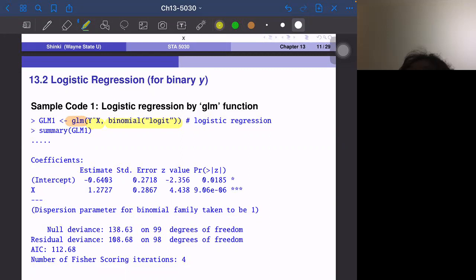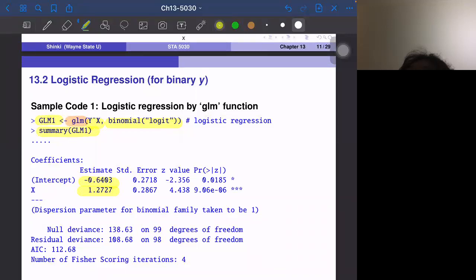Also, we can choose probit or some other techniques. Then the summary of the GLM1 object gives us the estimates. So negative 0.64 is the intercept, and 1.27 is the coefficient of x.